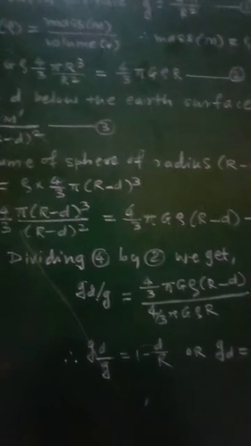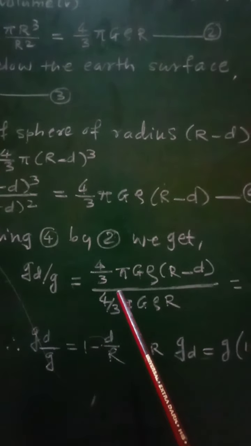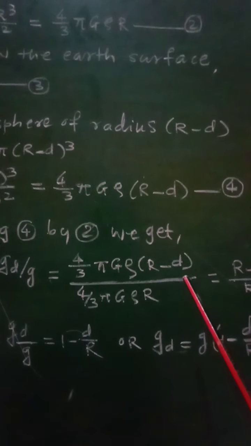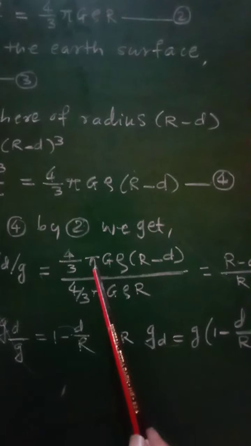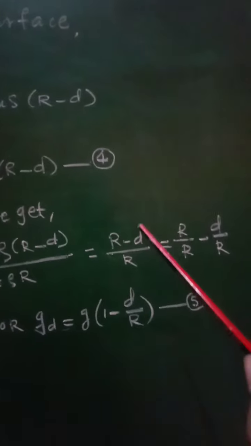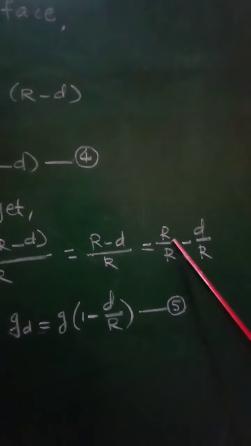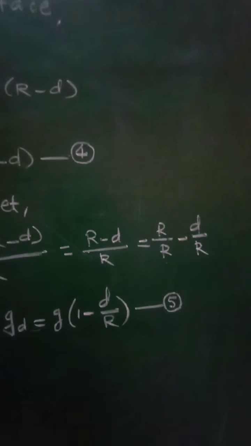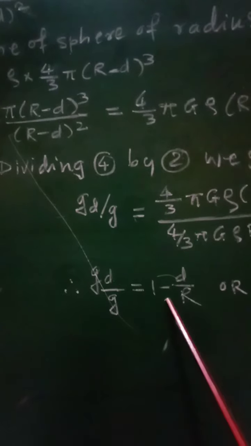So taking the ratio of these two equations, we will get g_d upon g equal to 4 by 3 pi G rho into (R minus d) upon 4 by 3 pi G rho R. So 4 by 3 pi G rho will get cancelled and only we will get (R minus d) upon R. Then separating the denominator, we can write R by R minus d by R, and R by R will be 1, so that we will get g_d upon g equal to 1 minus d by R.